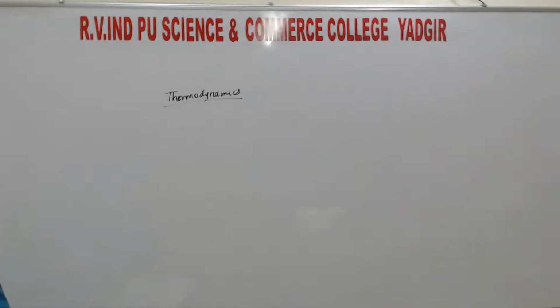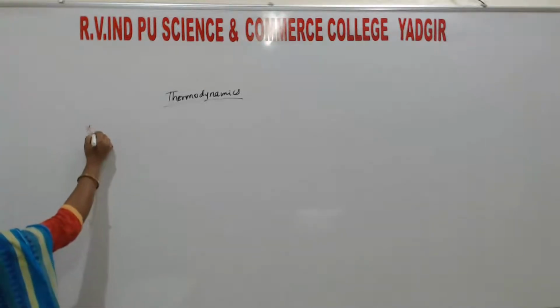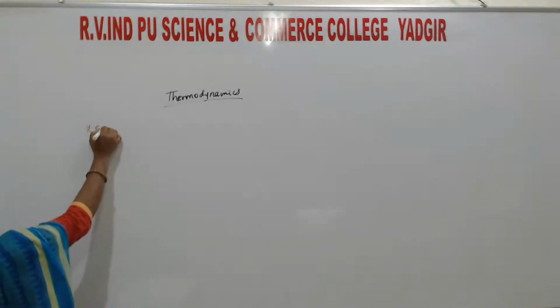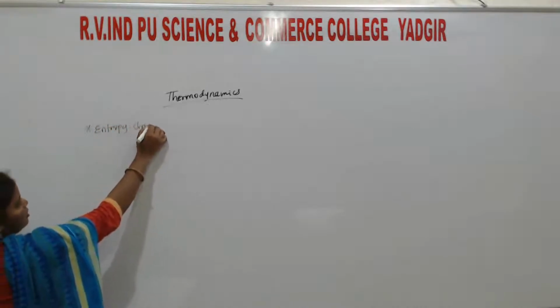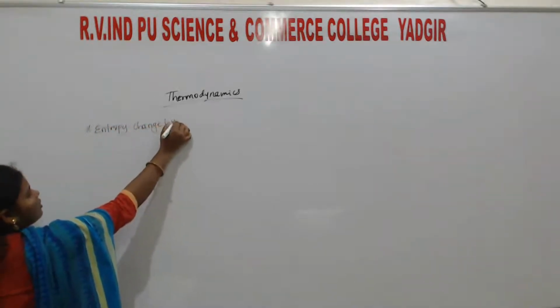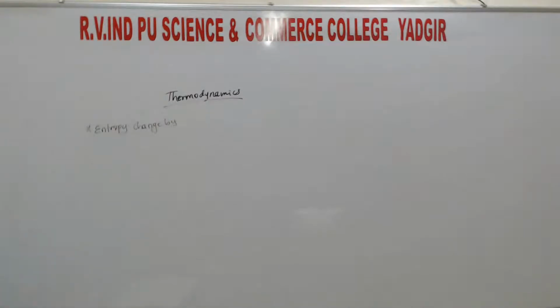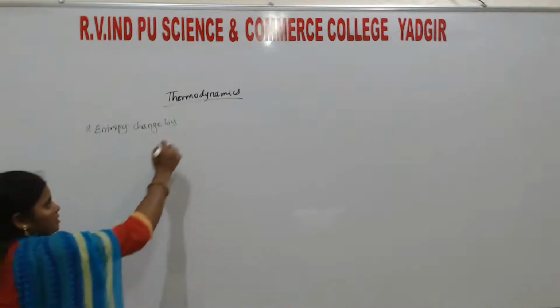First factor, entropy change by temperature and volume as variables.